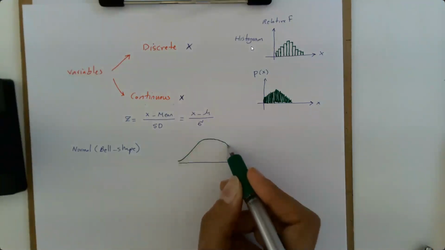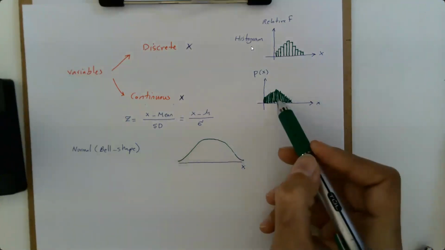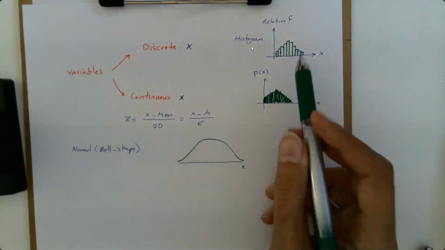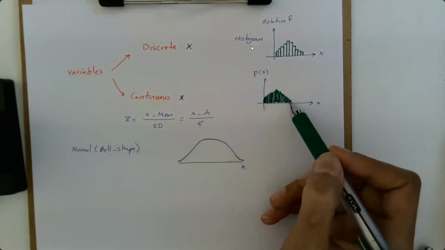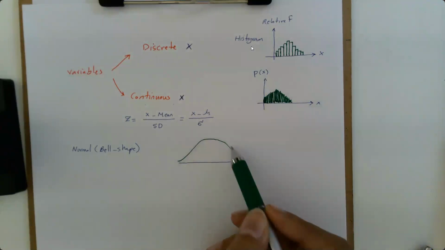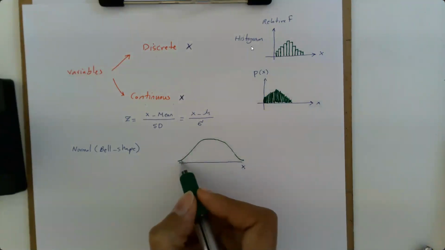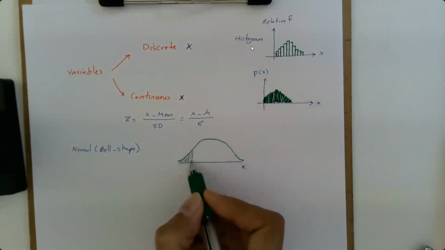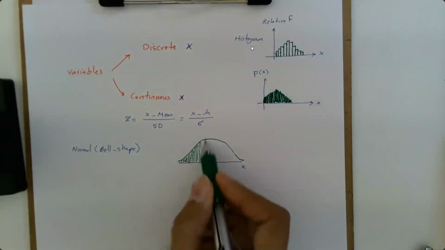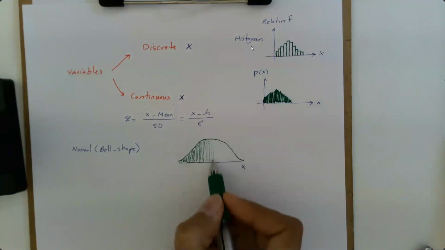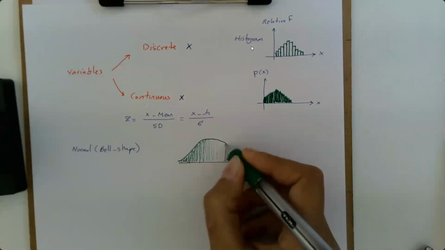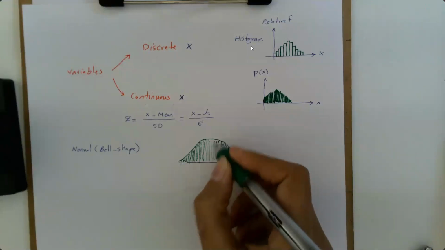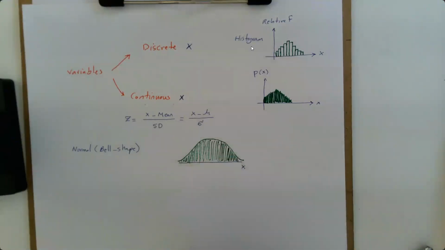So I'm using the same color as I used for my bars and these little tiny bars here to show the distribution. So normal distribution. These are all your bars below the graph. They're representing the probability distribution for random variable x.